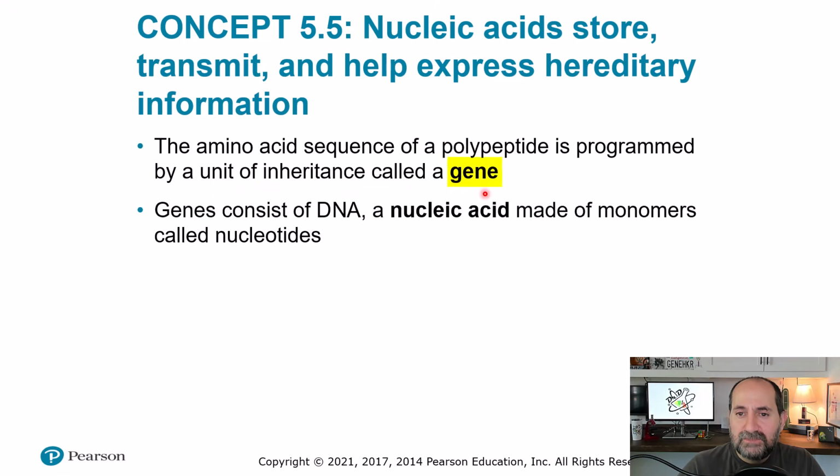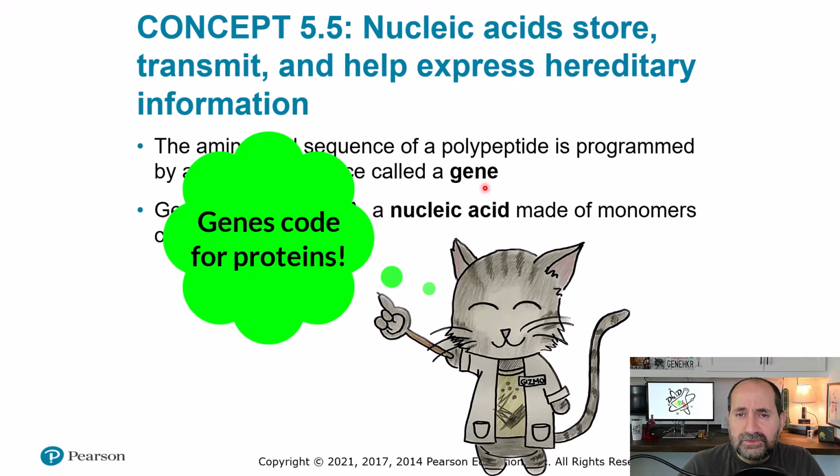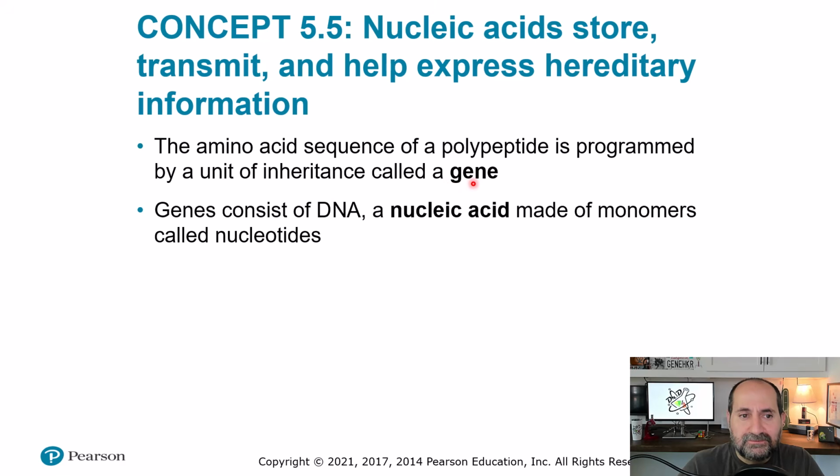A gene is a unit of information for the blueprints of a protein, right? Your cells know how to make the correct proteins by following the instructions on a gene.